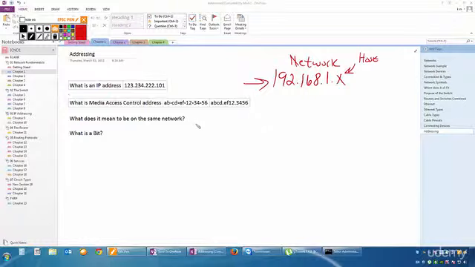If this was my network number, then this was my host, let's understand what that really means. So you're going to have two parts of an IP address: the network and the host. Now the host is whatever is not the network. Does that make sense? So if my network was 192.168, then this would be my host. Based on the IP addresses we're using now, you would never see this fashion.